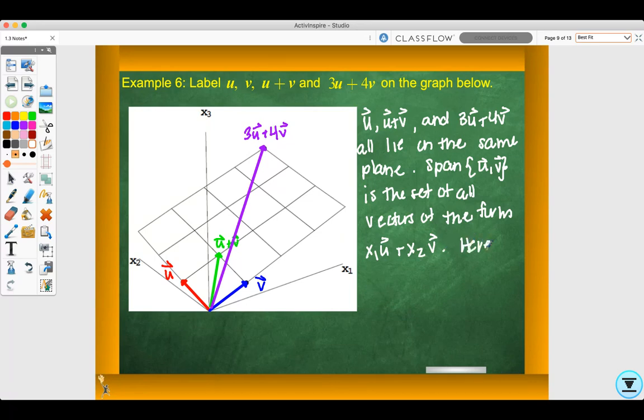And here in this picture, span u, v is a plane through the origin.